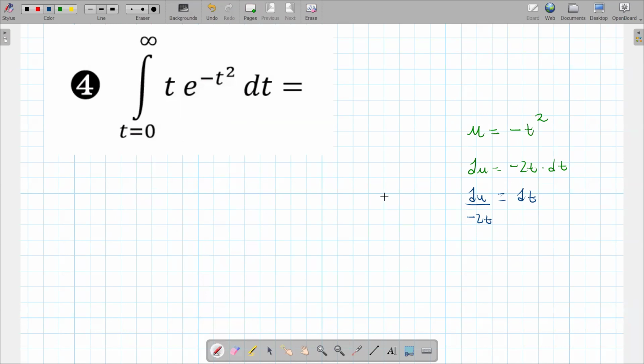That's part one. Part two is also the bounds. So if t is 0, u would be negative 0 squared, 0. Do you agree? What about when t is infinity? What's u going to be?